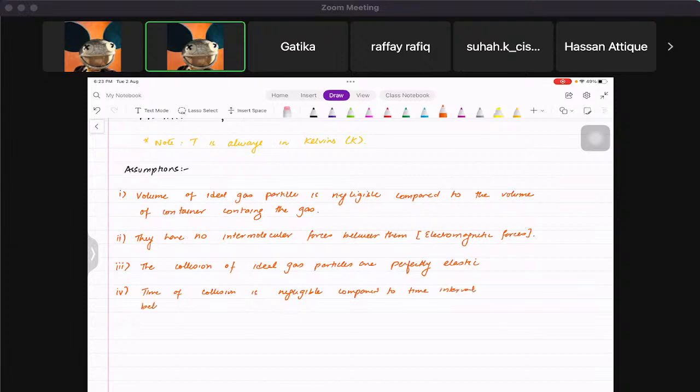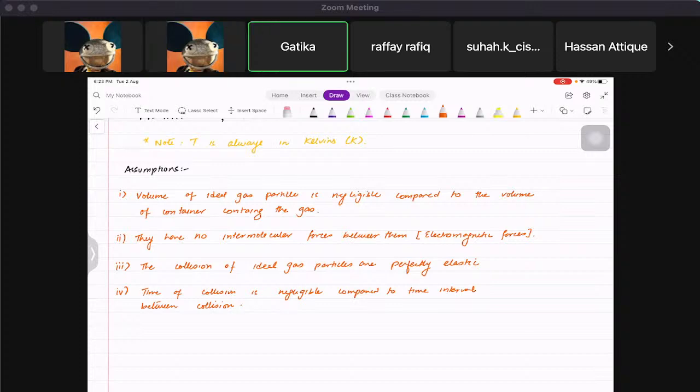Now, this seems confusing, but basically what it means is that when the particles collide, let's suppose they collide for 0.001 second, the interval before they come back and collide again should be like maybe 5 seconds, 10 seconds, whatever. Do you understand? So the interval is larger than the actual collision. Is it clear, everybody?